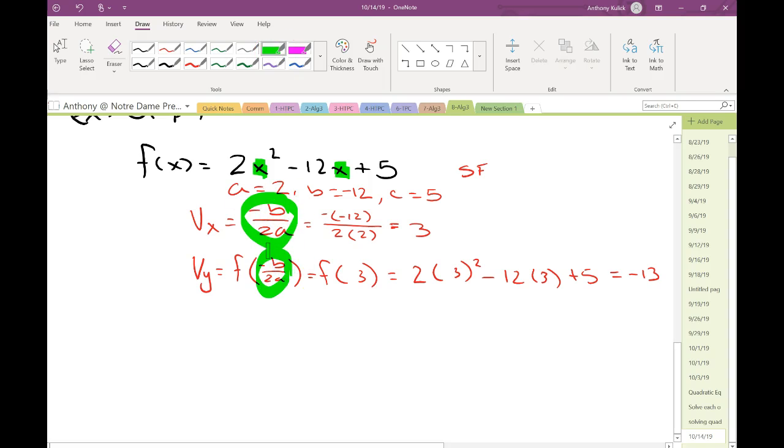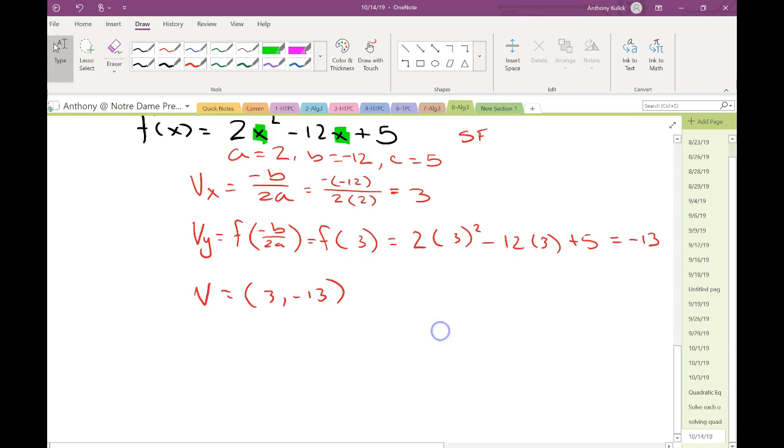Those are the same. Yep, those are just the same. So what we have then is our vertex is the point 3 comma negative 13. Justin, so far so good?